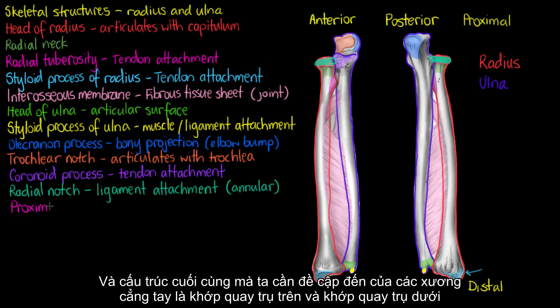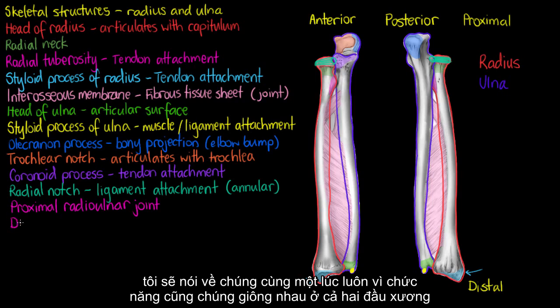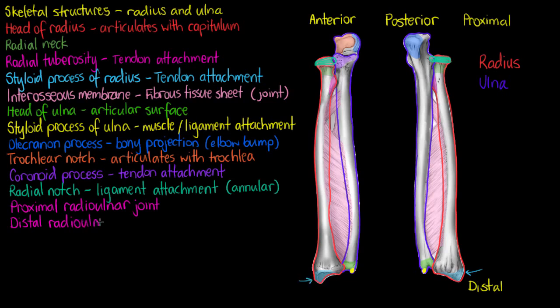And the last structures that we're going to need to be able to name here on the bones of our forearm are the proximal radio-ulnar joint and the distal radio-ulnar joint. Now I'll just do them both at the same time because they have the same function at both ends of the bone. So we've got proximal radio-ulnar joint and distal radio-ulnar joint, and I'll just highlight the proximal here first is going to be here.